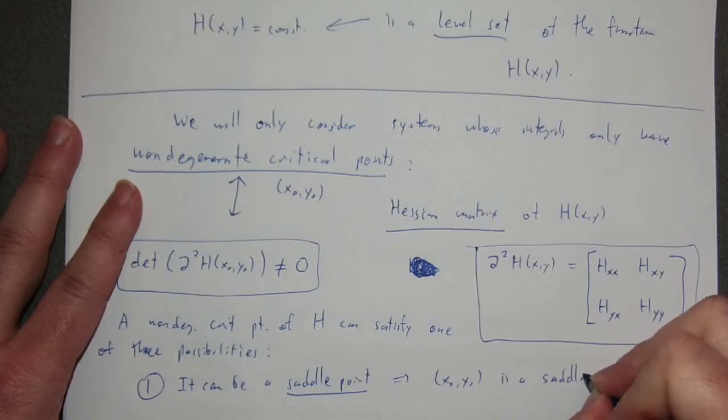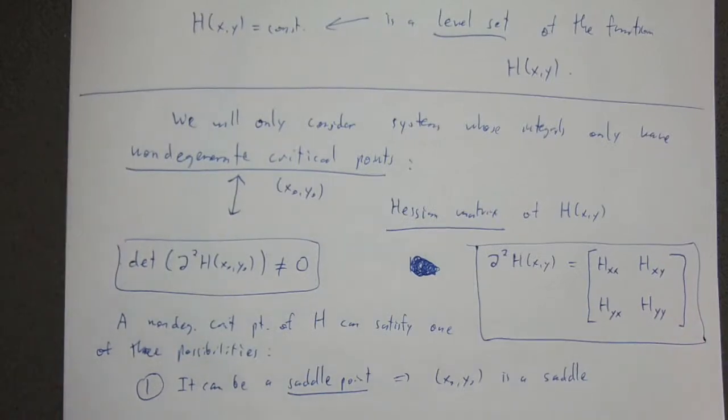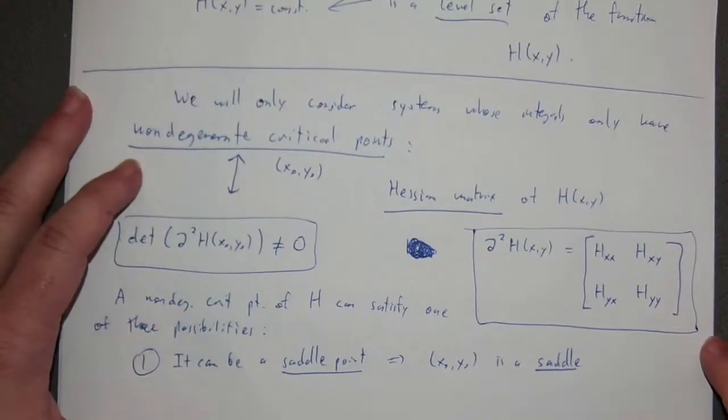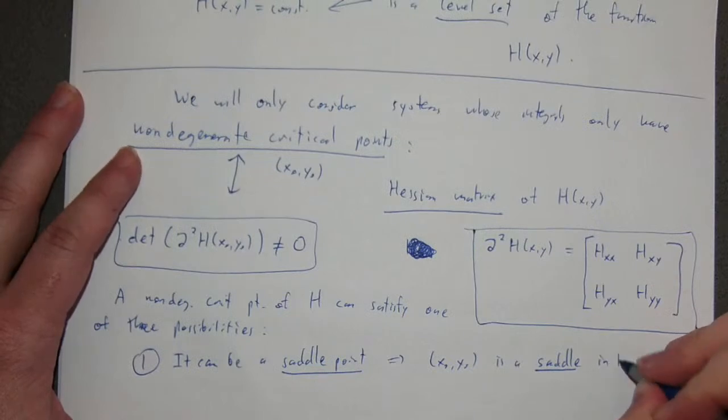So now good terminology is key here. There's a reason why we have these nice names here. Okay, x naught, y naught is a saddle in the phase plane portrait.